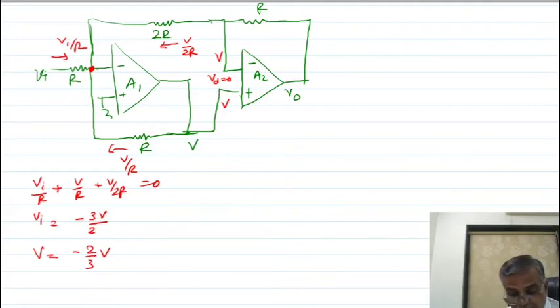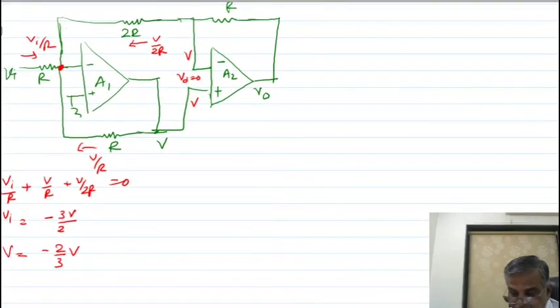Now let us simplify this circuit. Look carefully, I am simplifying this circuit. What is the voltage at this point?